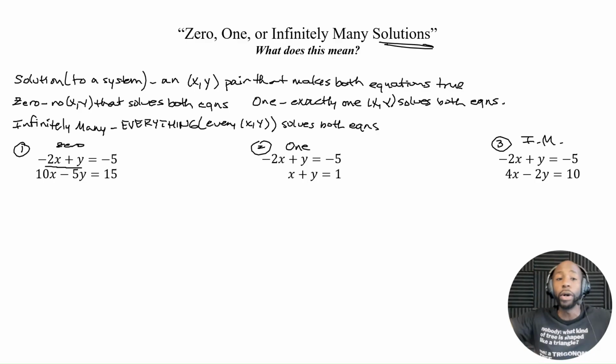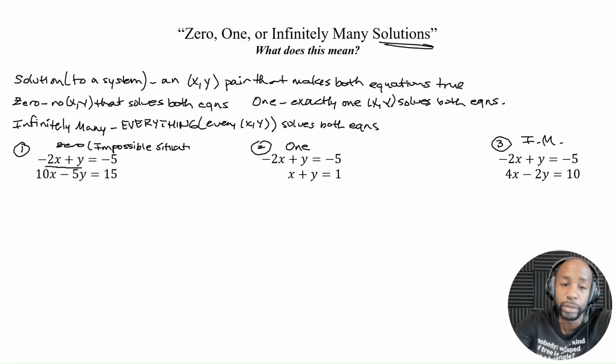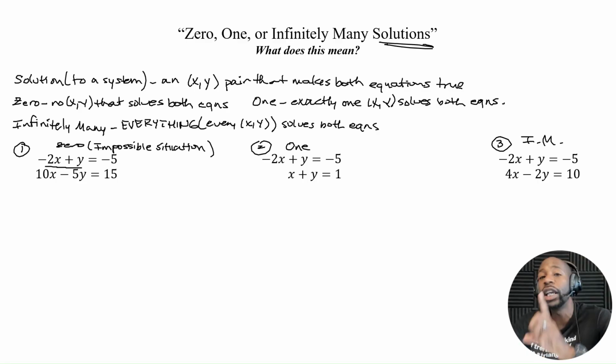The way that you know that a system has zero solutions when you look at it is that you get what you call an impossible situation. This is what I like to call it. You get a situation where things don't equal, that you have an equation that is not true.